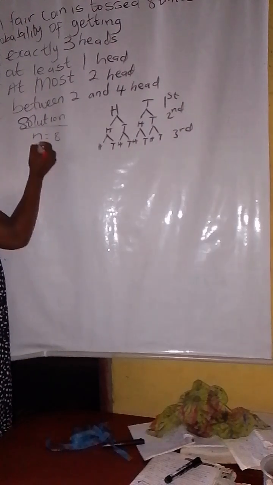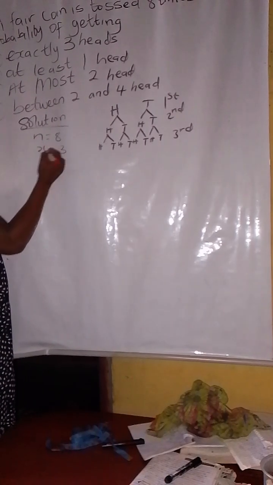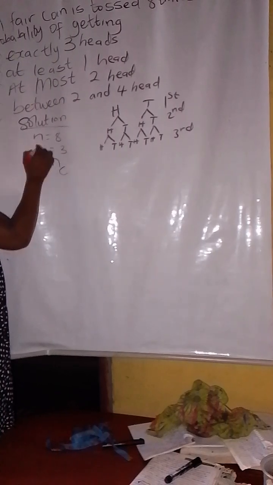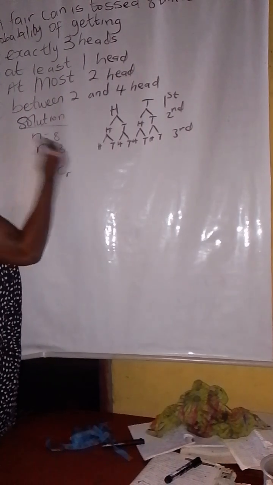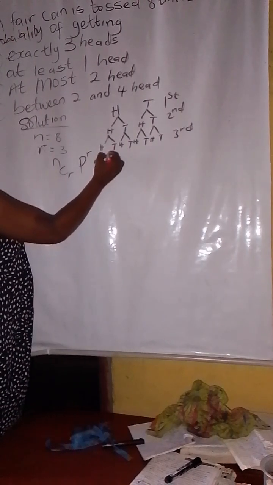This is n equals 8. Then your r is 3. So you use the formula n combination r, p^r q^(n minus r).